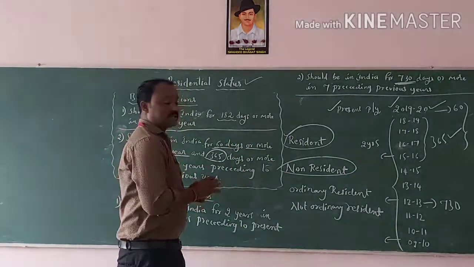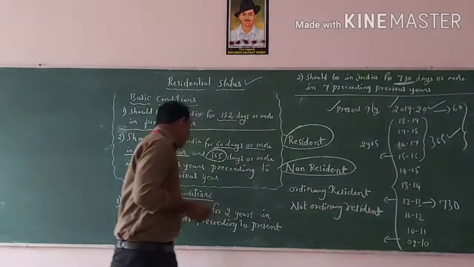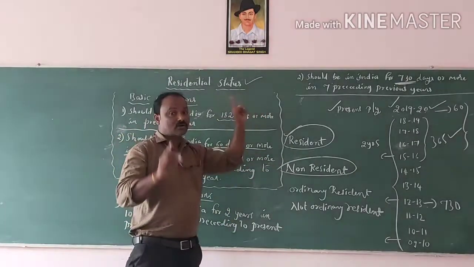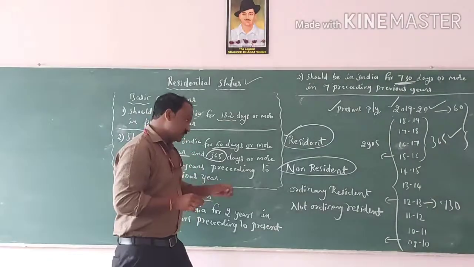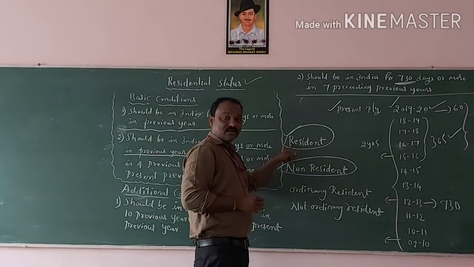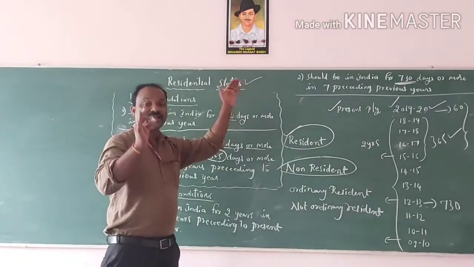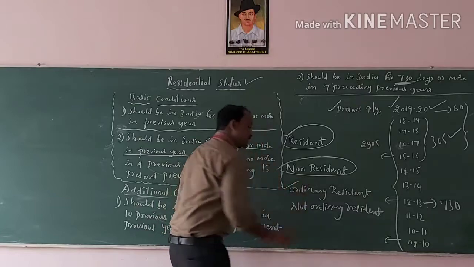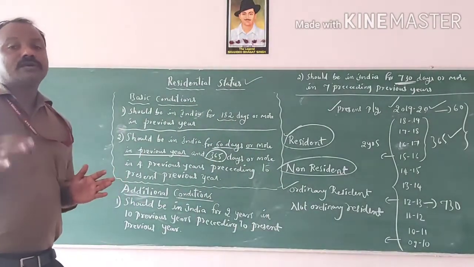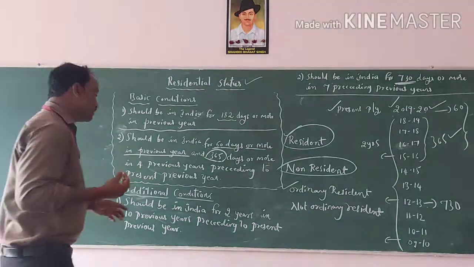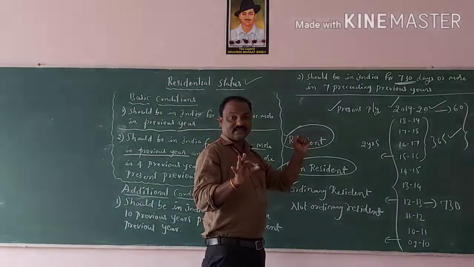After becoming a resident, if he fulfills both additional conditions, not a single one, both, in that case he becomes an ordinary resident. To be called an ordinary resident, he should fulfill both additional conditions.